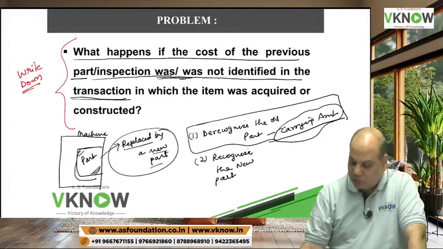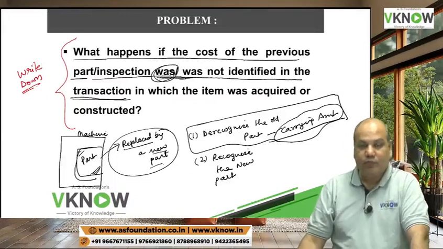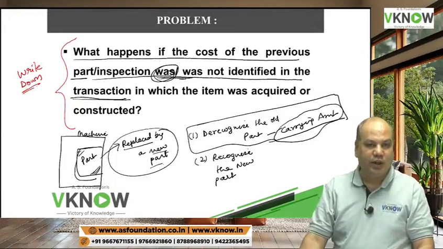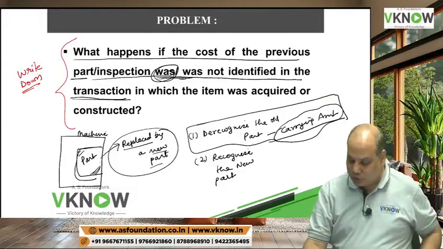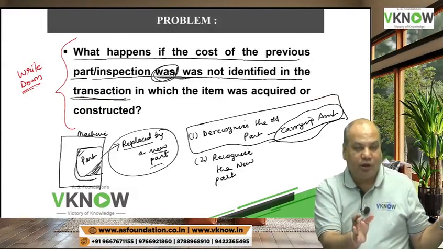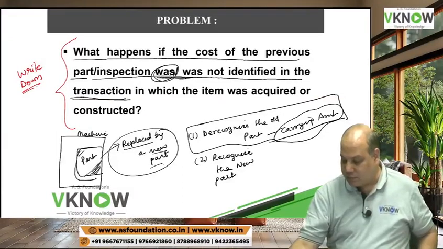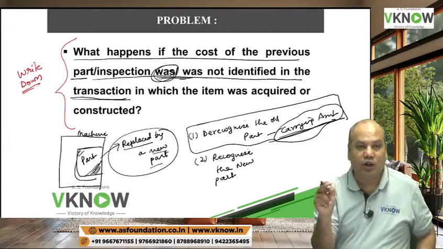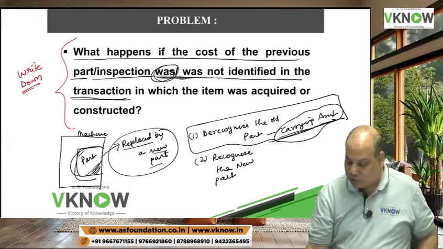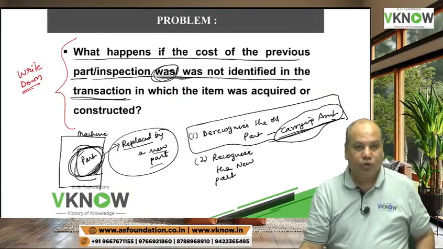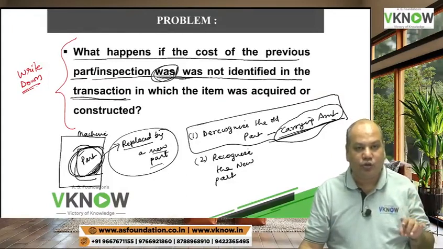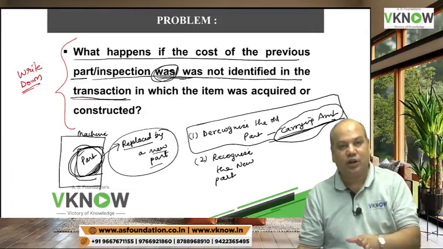If this old part was identified, and its cost was identified, suppose I have identified the tires of the car and I have identified the cost of the tire of the car, then I can easily calculate the carrying amount of that part which is replaced. But if that old part was not identified or its cost was not identified, then it will be difficult for us to calculate the carrying amount at a later stage.